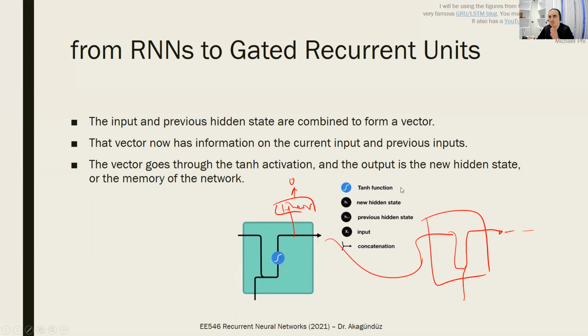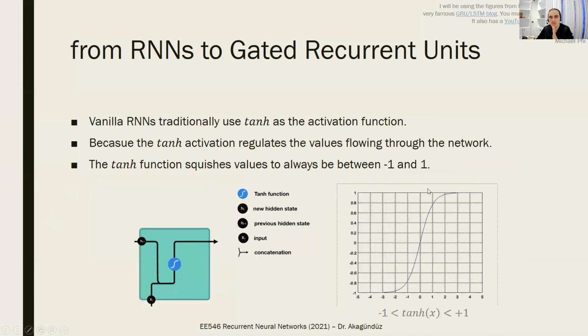Good. We know this. We have been talking about this for weeks now. The reason RNNs traditionally used this tanh function was because it was bounded. It took values of any input, from minus infinity to infinity. However, the output was bounded between -1 and 1. So it was like regularizing the output. It was like the hidden states, the memory, never going crazy.